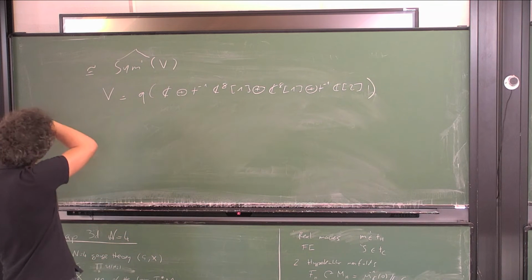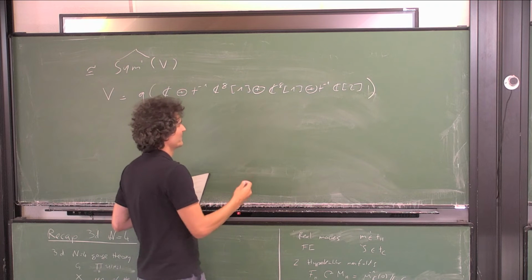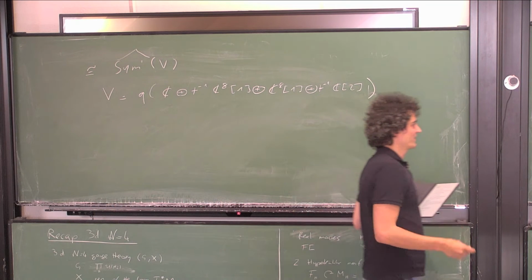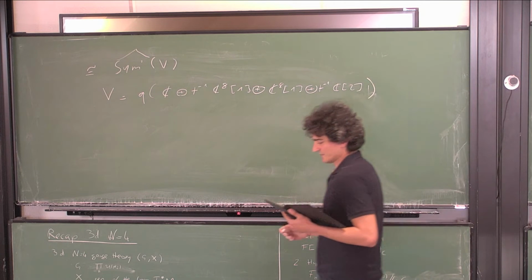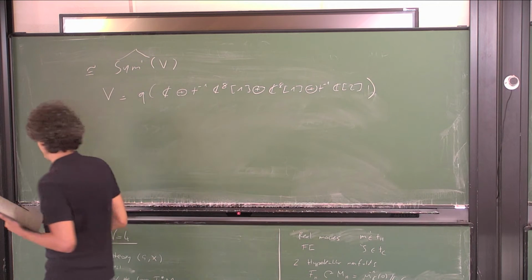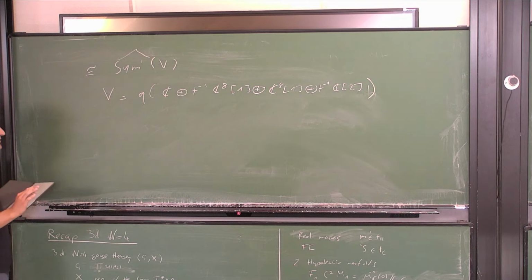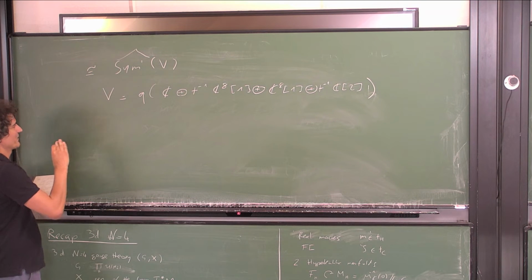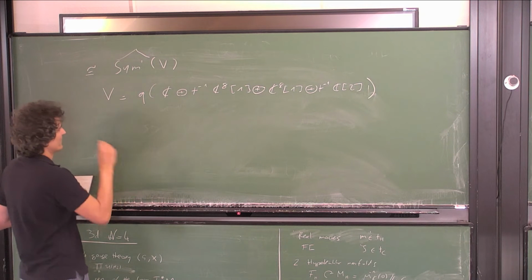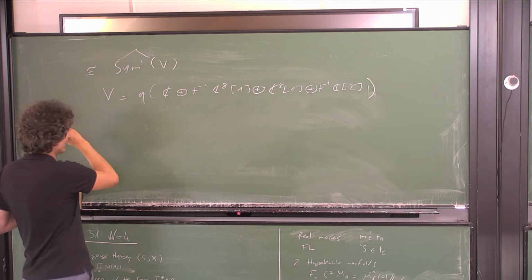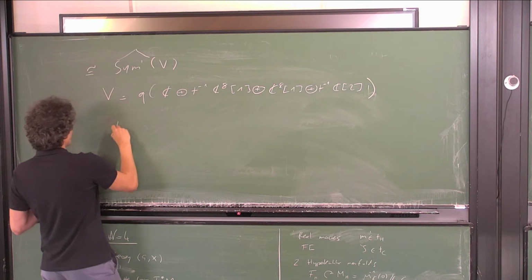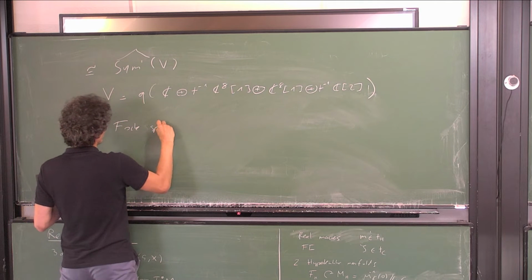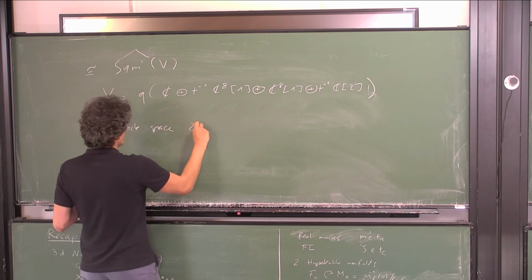And if you tweak a little bit your grading so that you shift it each time you go up in degree, which you must do from a physics perspective for reasons that I'm not going to enter into, what you get is essentially, you can write the homology in terms of this Fock space generated by two bosons and two fermions.